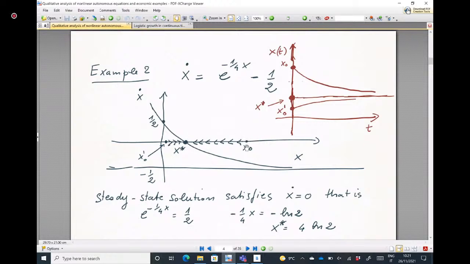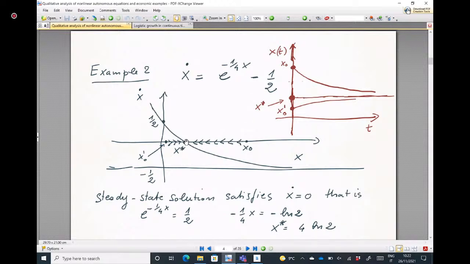Here the time derivative is negative. Go back to the vertical axis, you see a negative level of x dot. Negative derivative means the quantity decreases over time. Even when you are here, again, the derivative is negative. It decreases until it reaches the steady state.